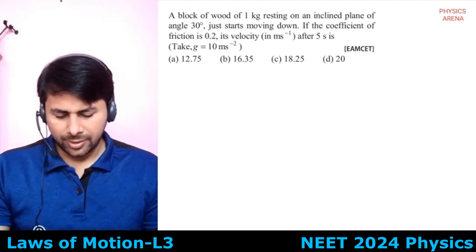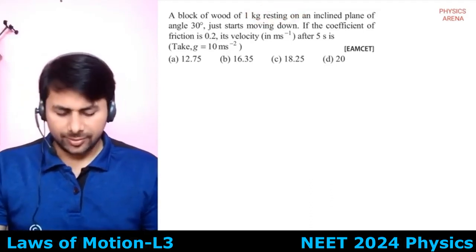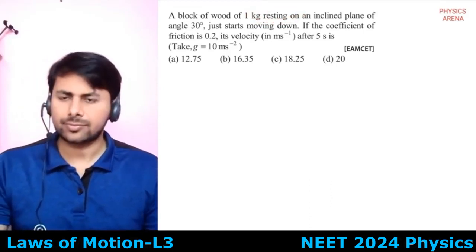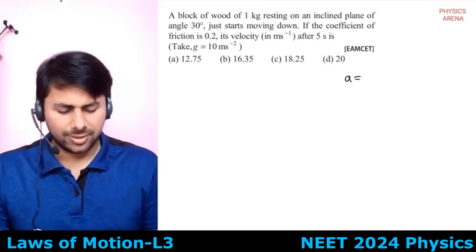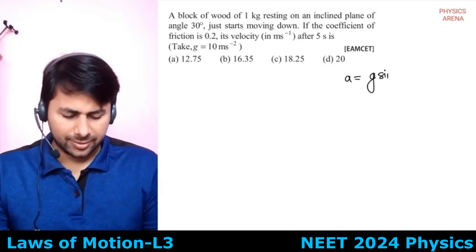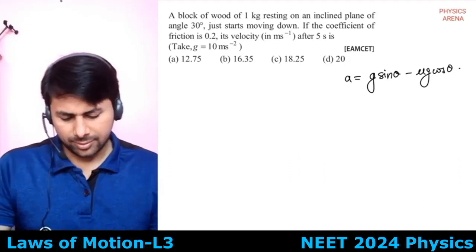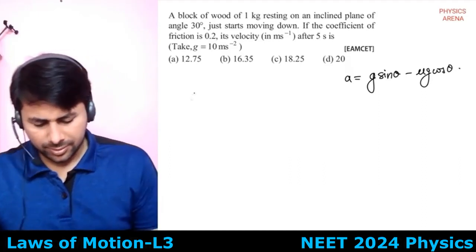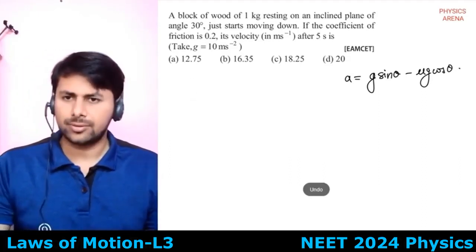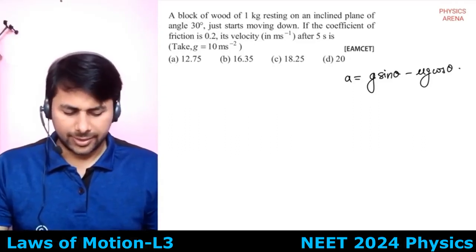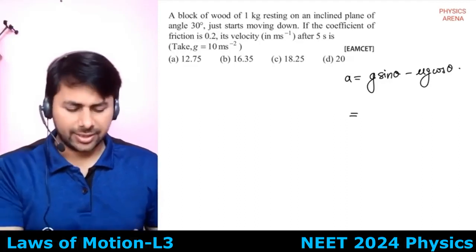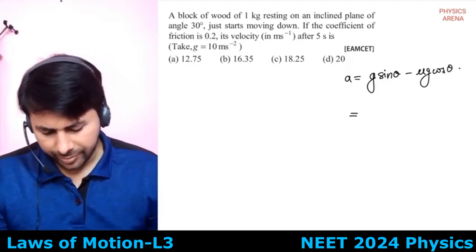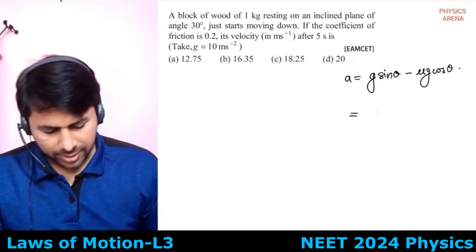Block is resting. Right, exactly, let's do that. Acceleration is g multiplied by sine theta minus mu cos theta. It is 30 degrees.